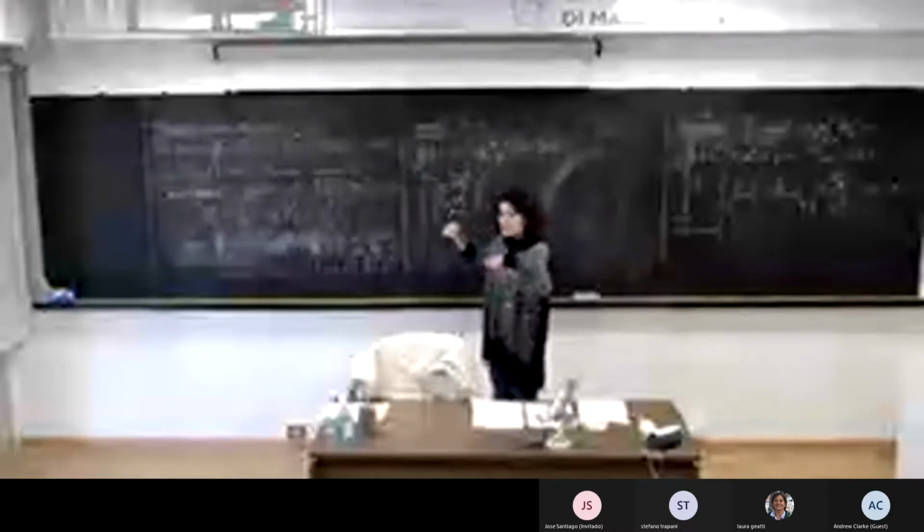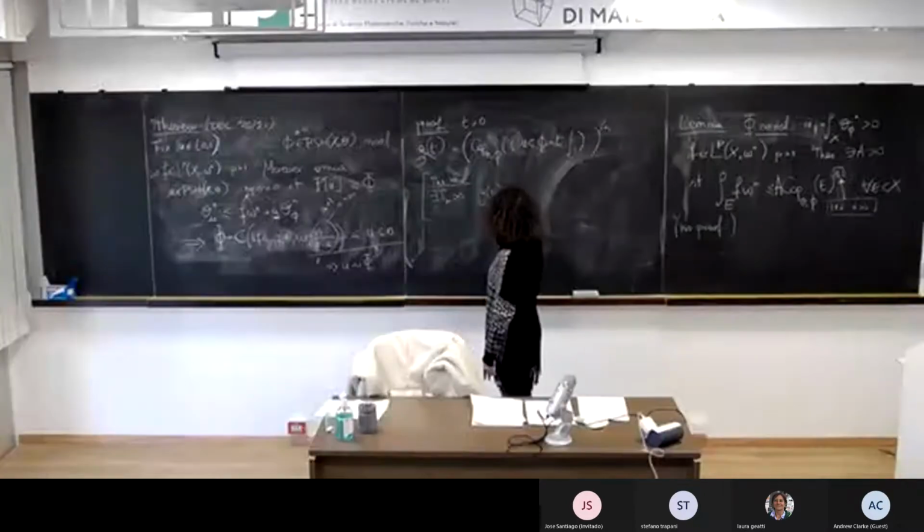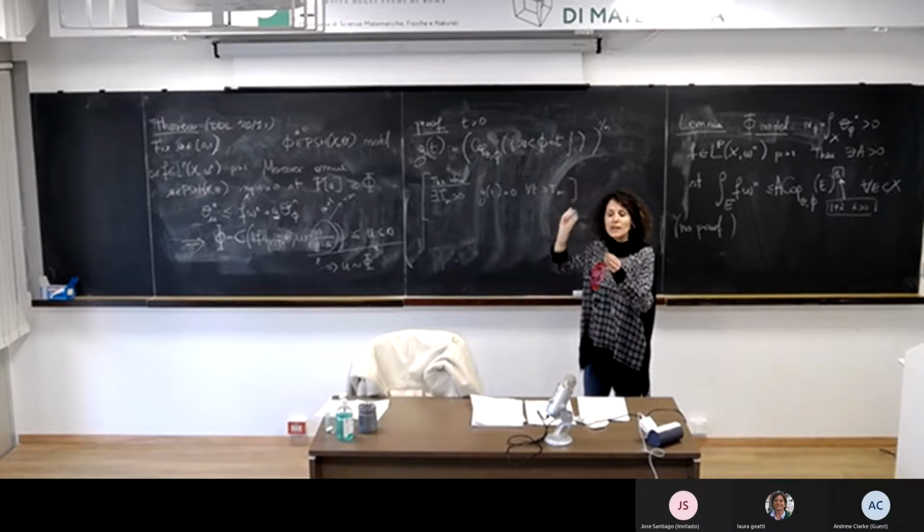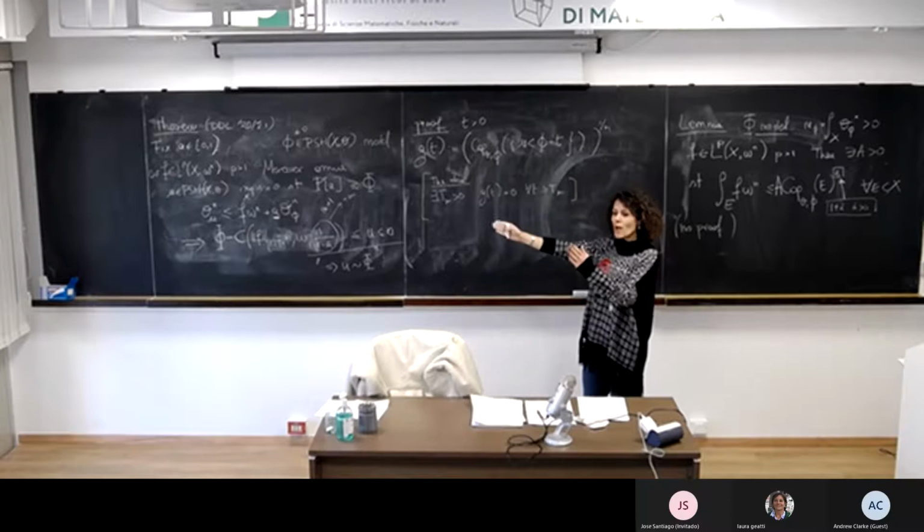The idea is that we want to prove that there exists a t infinity, a time very, very, very large, such that g of t is equal to 0 for any t bigger or equal than t infinity. So we want to prove that there exists a time from where the function is 0.